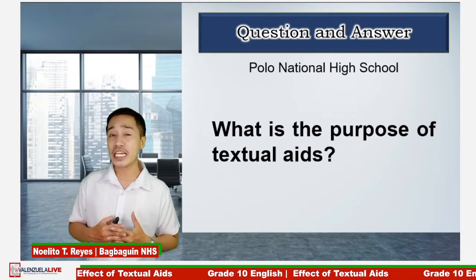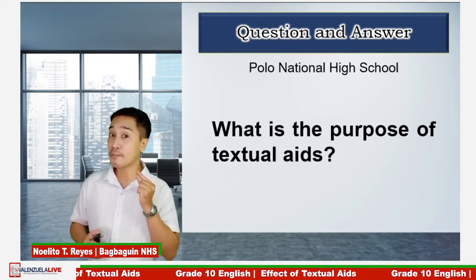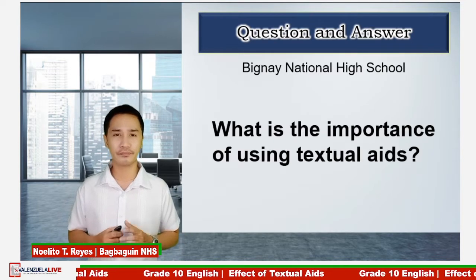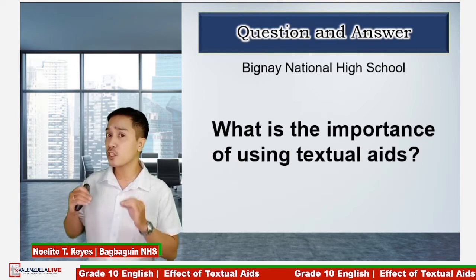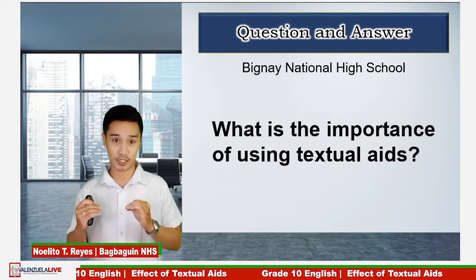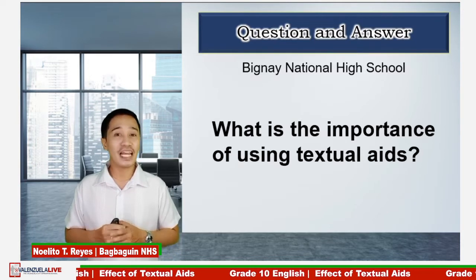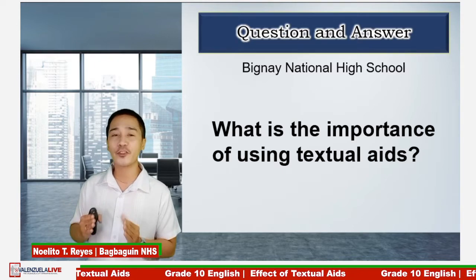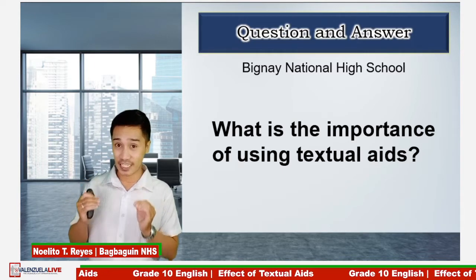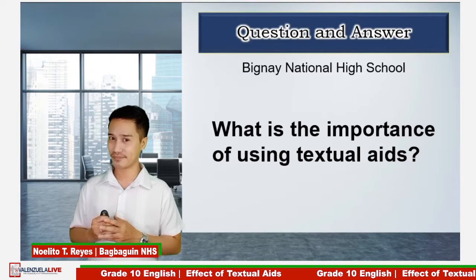What is the importance of using textual aids? Well, textual aids help readers to better understand the text they are reading.